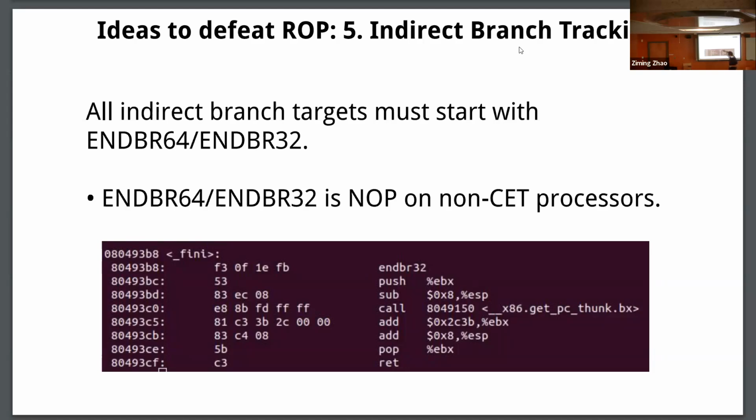Whenever we execute this instruction, the CPU, at the hardware circuit level, will check: is the instruction before it an indirect jump or call? And on a call, it will also check whether the next instruction after the call is an ENDBR instruction. It's a very small state machine, basically.